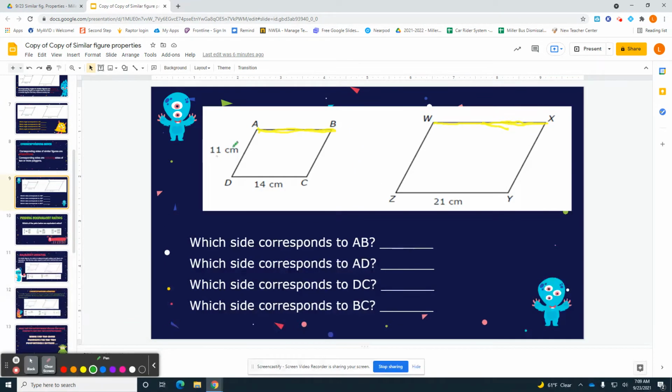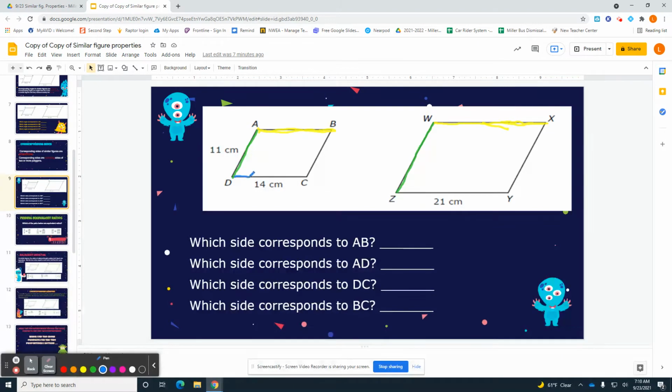Now let's look at line AD. So line AD corresponds with line WZ. And again, I know that these correspond because I have my greater angle, or my obtuse angle, up top, and my acute angle down below. Okay? Let's go with blue.